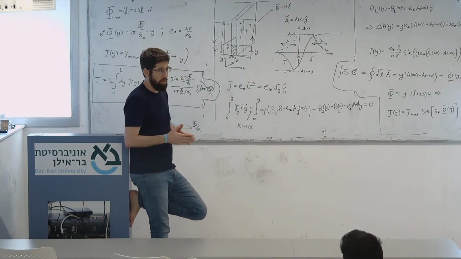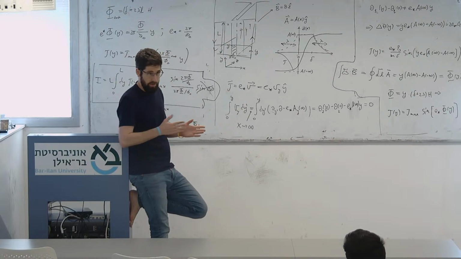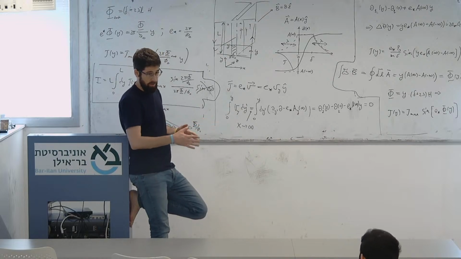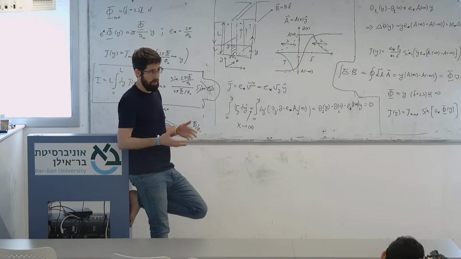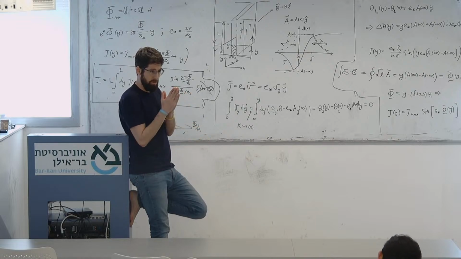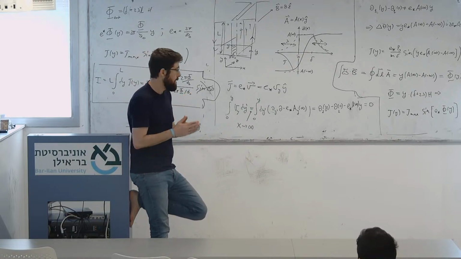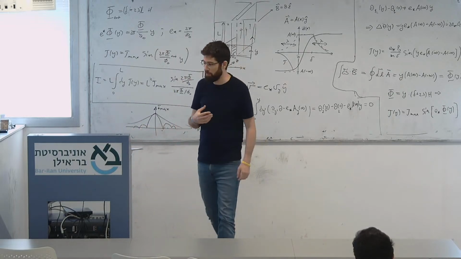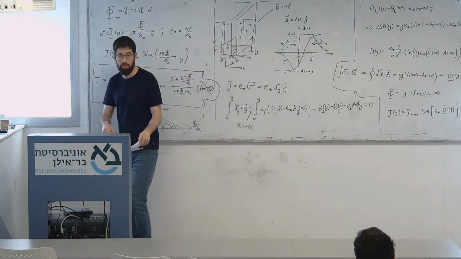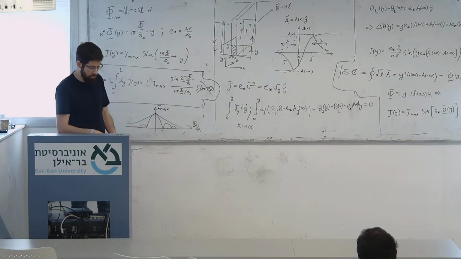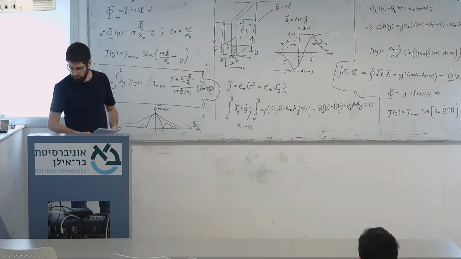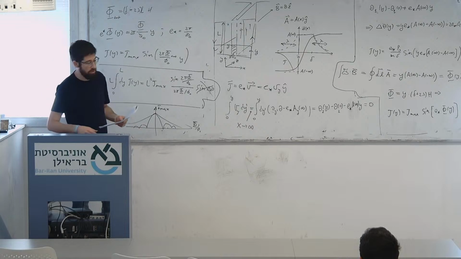Then we want the amount of flux penetrating this layer to be very large. But on the other hand, we need the superconductors to be very close, so it's limiting us. So to solve these kinds of problems, people came up with a better device, which is actually used here at Bar Ilan in the group of Beena Kalisky, which is the SQUID.